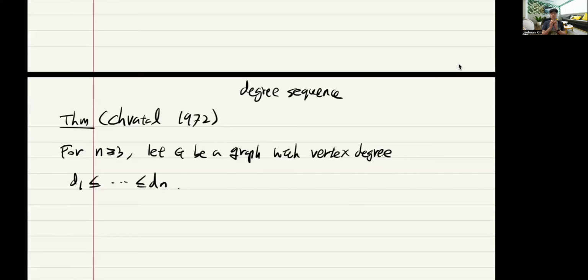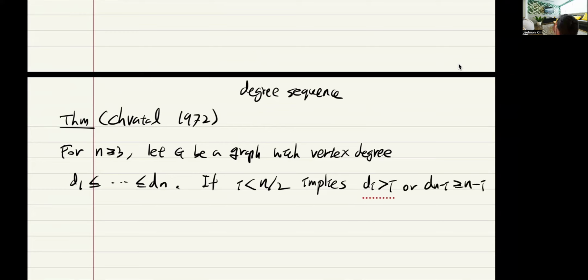The degree sequence is where you take the degrees of every vertex, then list them in a non-decreasing way. Sometimes you use a non-increasing way, whichever is more convenient for your purpose. In here, if for all i smaller than n/2, di is at least i or d(n-i) is at least n minus i, if this holds, then G is Hamiltonian.